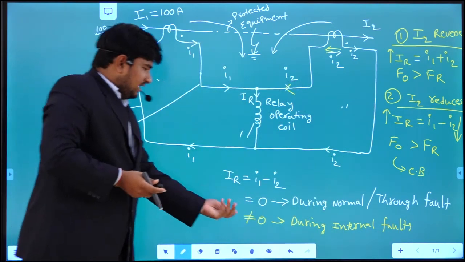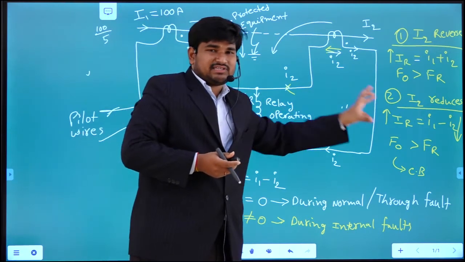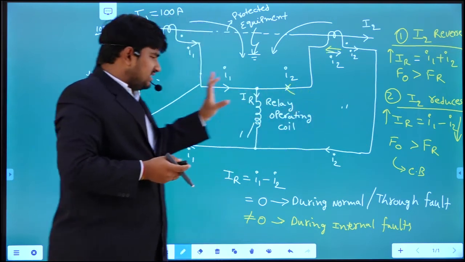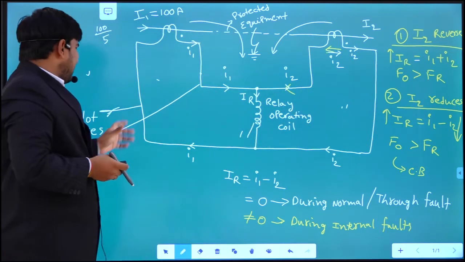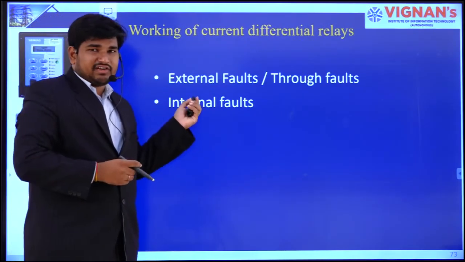So because IR is non-zero, the relay will operate and give a signal to the circuit breaker. So this is the operation of the differential relay.